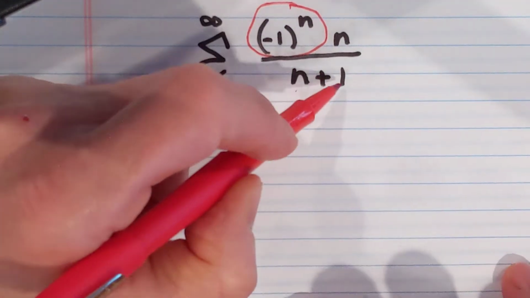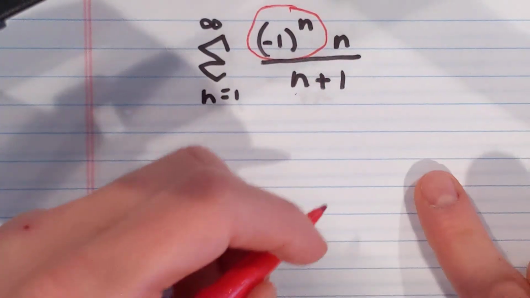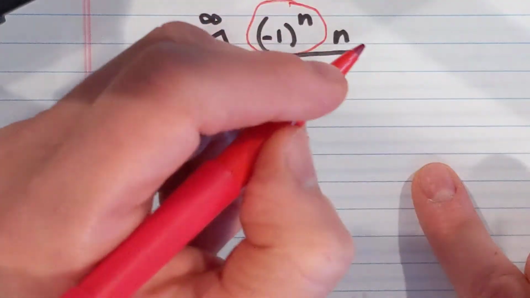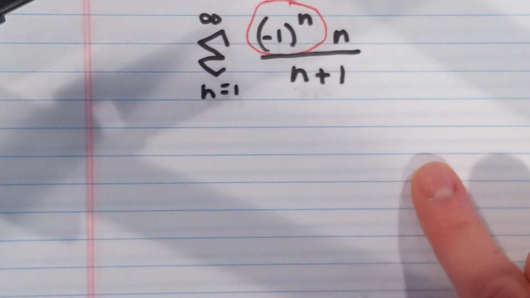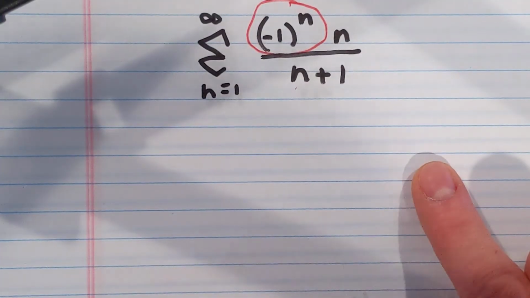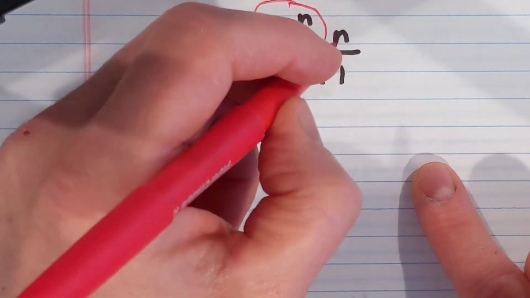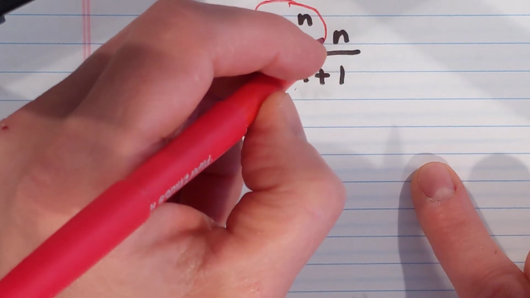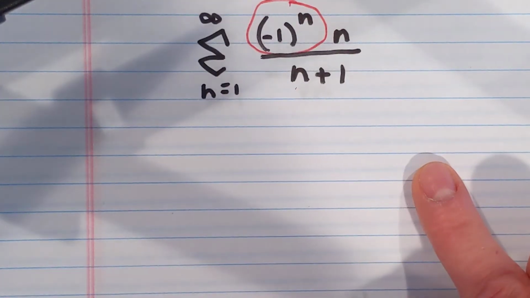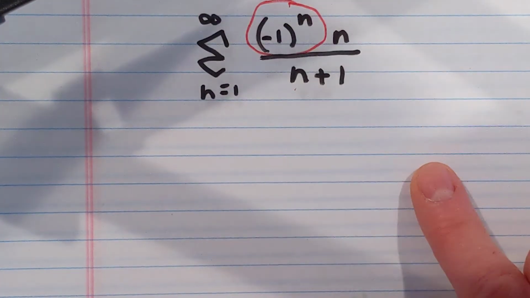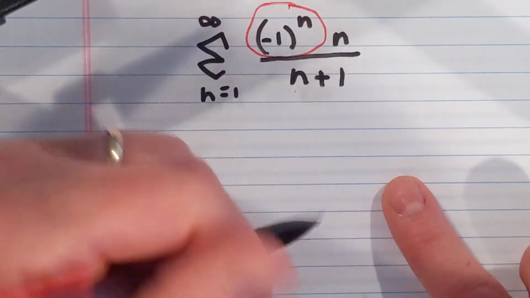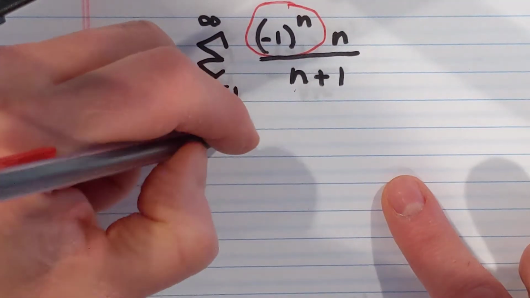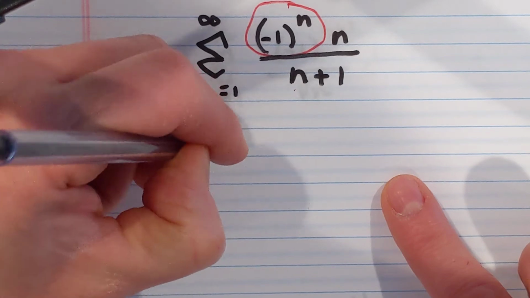This n over n plus 1 becomes the function. Now notice this time, right away, the nth test shows me it equals 1. Let's see if it alternates. So let's write it out. Negative 1.